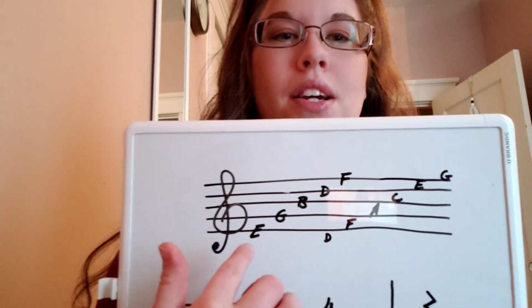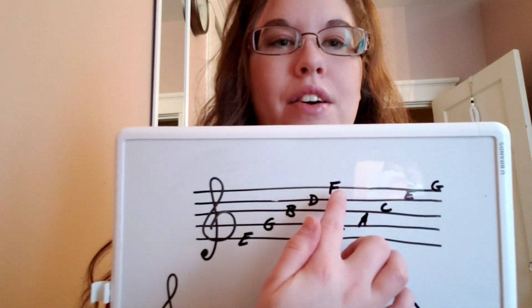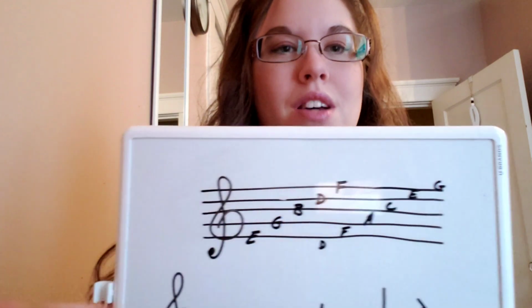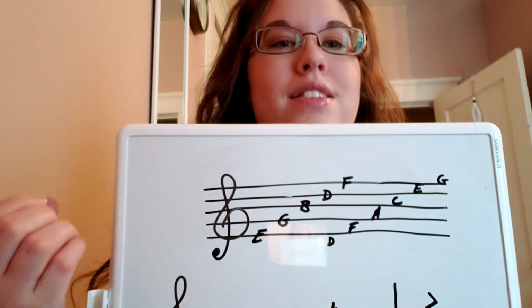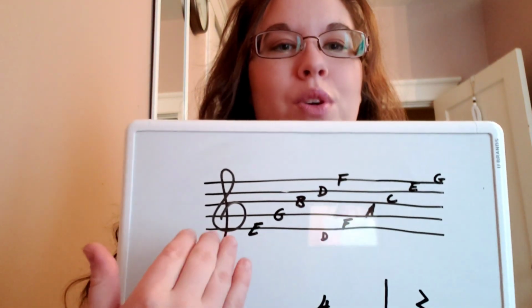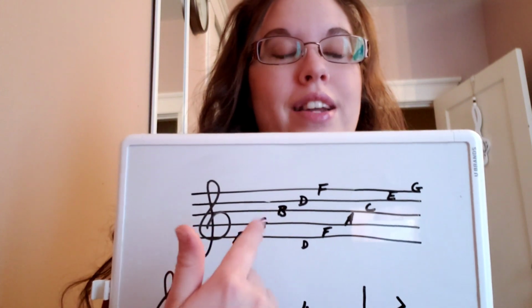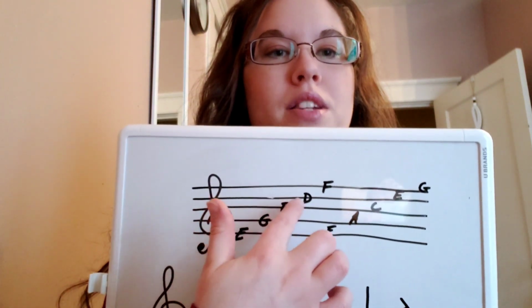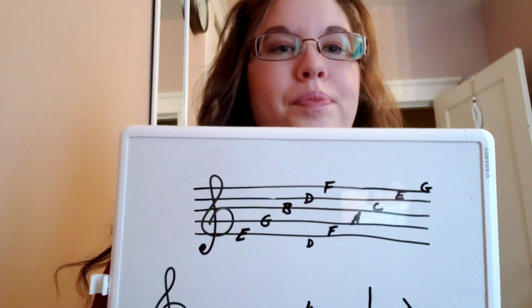Okay, so starting off right here, we have E, G, B, D, and F on the lines of the staff going from bottom to top. Now, if you can remember a mnemonic phrase in your head, that's going to help you remember which line is which note. The most common one is every good boy does fine, or deserves fudge.